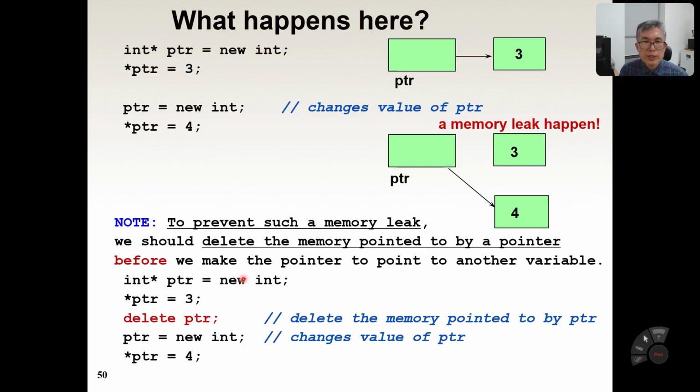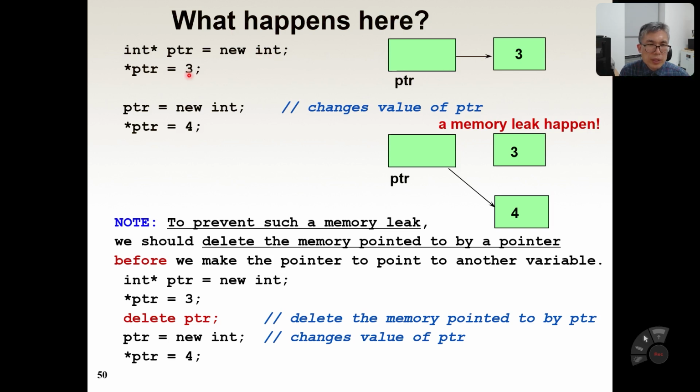So what happened here? Take a look at this code. An integer object is created, and ptr points to the address of the integer variable.